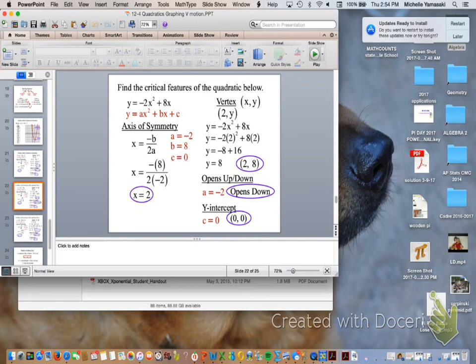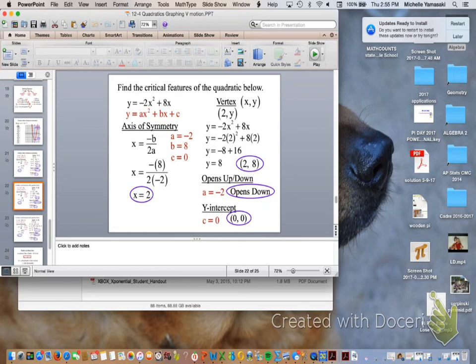Negative 4. And what's my C? It's 8. Does it open up or down?